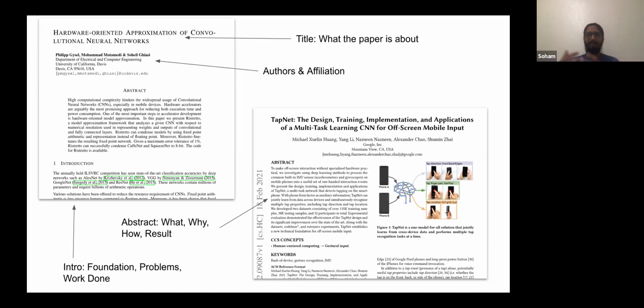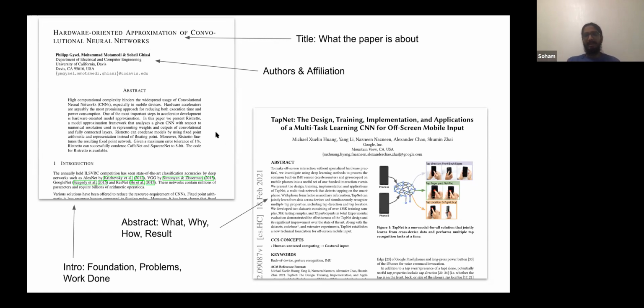Usually first authors do more work, and authors with their names at the end usually have more of an advisory role in the paper. But that's not always the case. Sometimes it is.